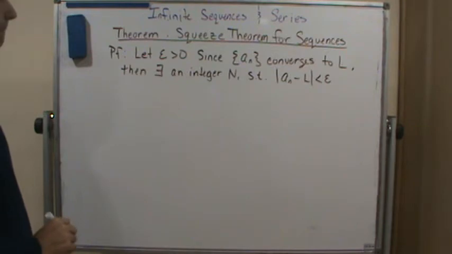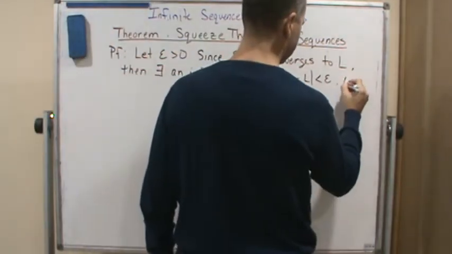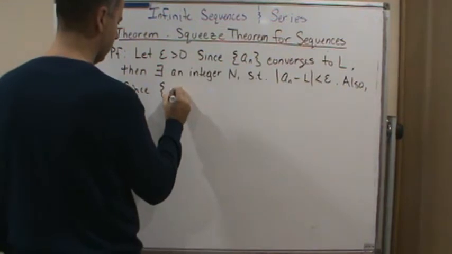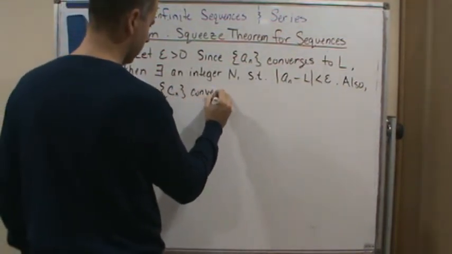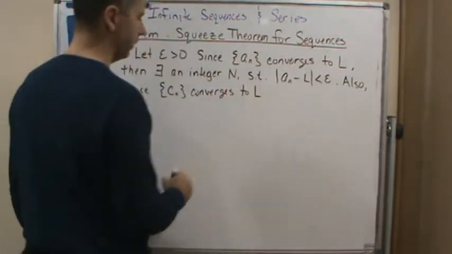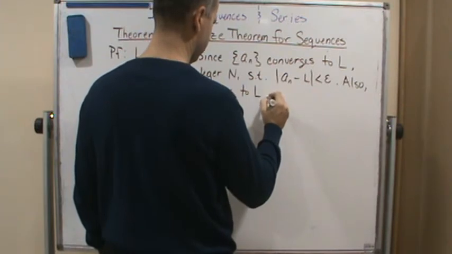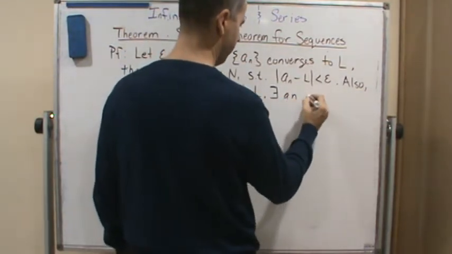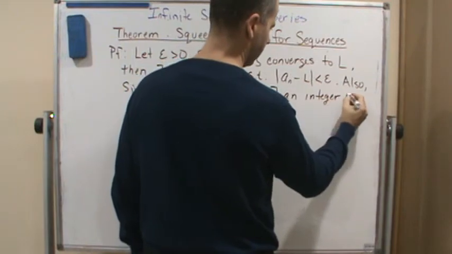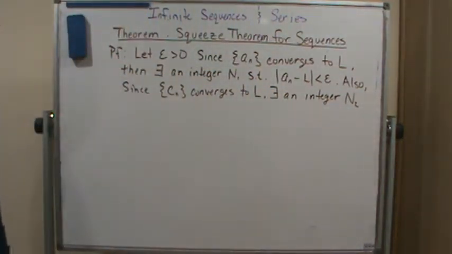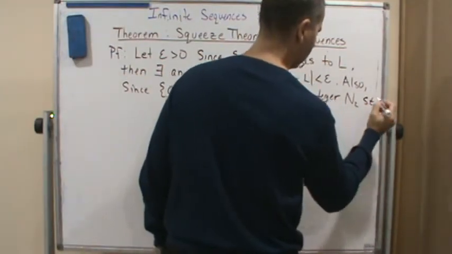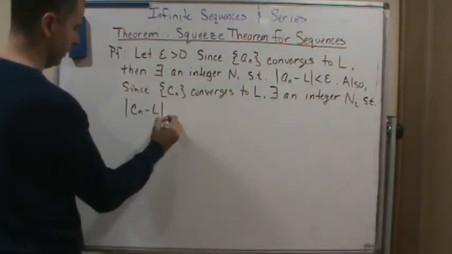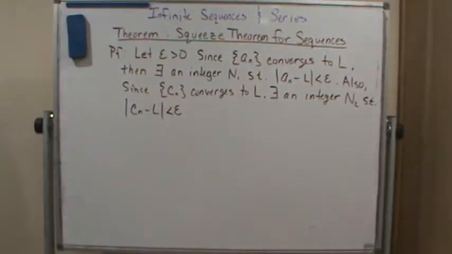Also, since c sub n converges to L, there exists an integer n sub 2 such that the absolute value of c sub n minus L is also less than epsilon.